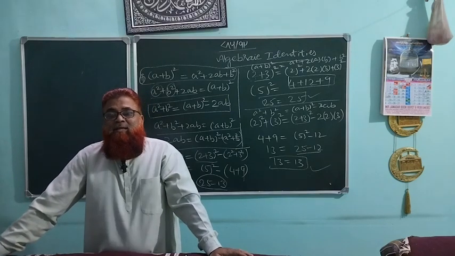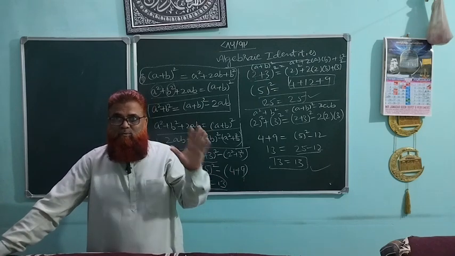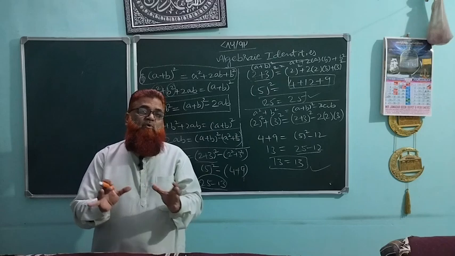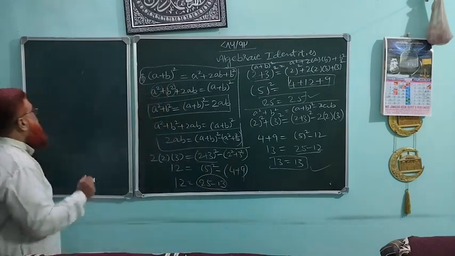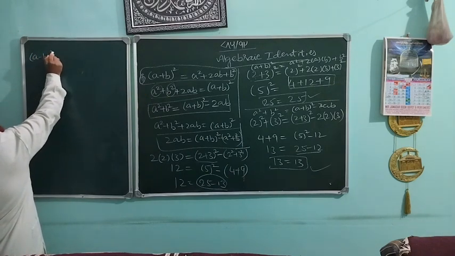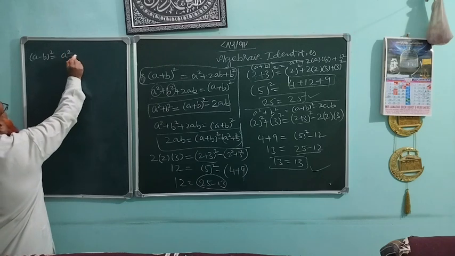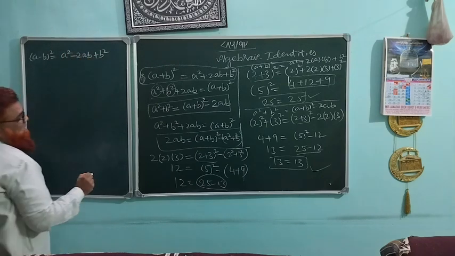Is it clear? Now this is the first identity of our algebra which I explained before you. Here I am going to give some more identities related to this one, and you please follow it. (a plus b) whole square, the second one is (a minus b) whole square is equal to a square minus 2ab plus b square.